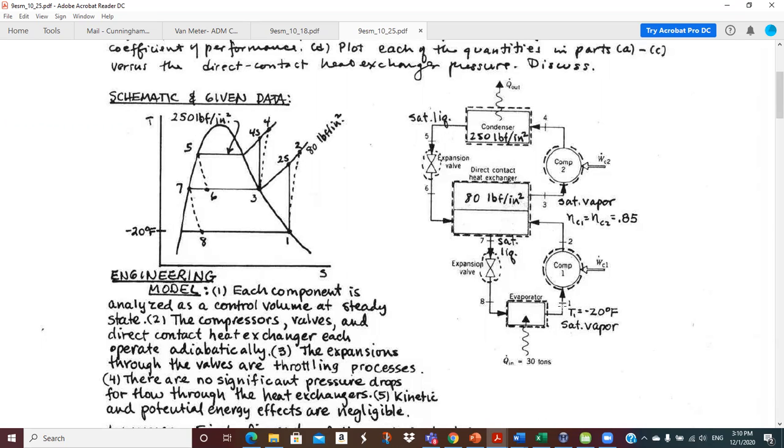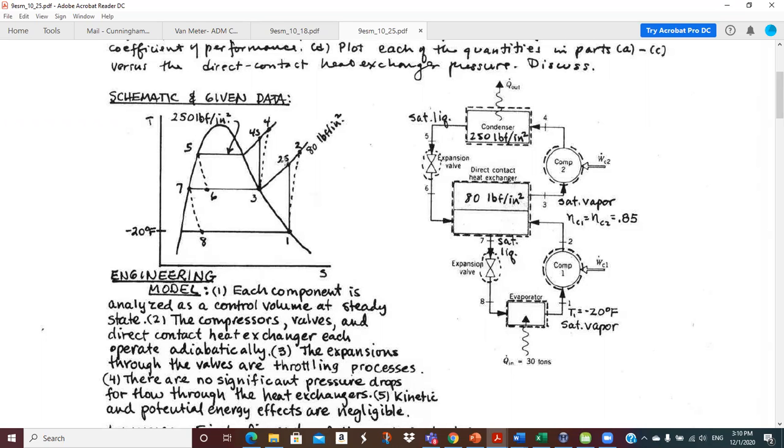So I don't know, start someplace. Start down here at 1. So we see we have saturated vapor coming out of the evaporator at minus 20 Fahrenheit. So we can look up that pressure from the ammonia tables. And so we have a real compressor. It's not isentropic.